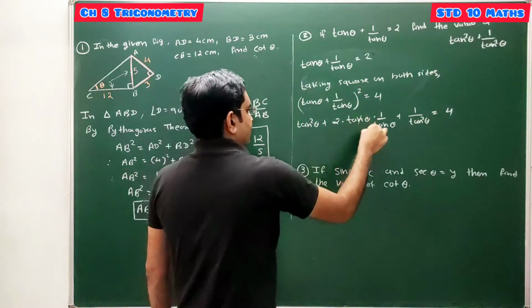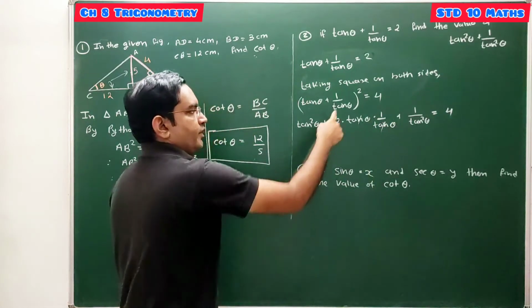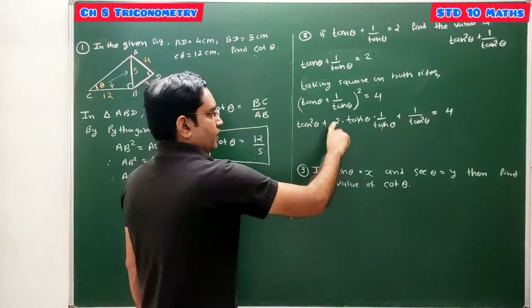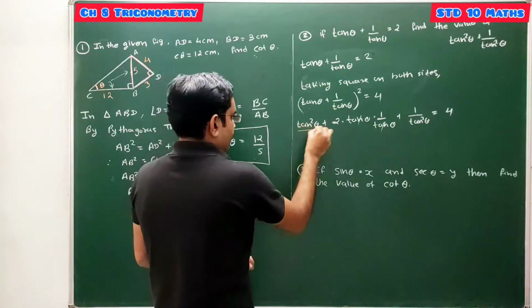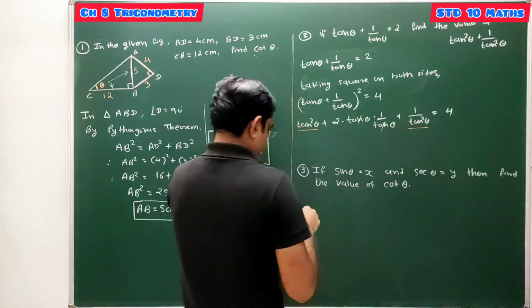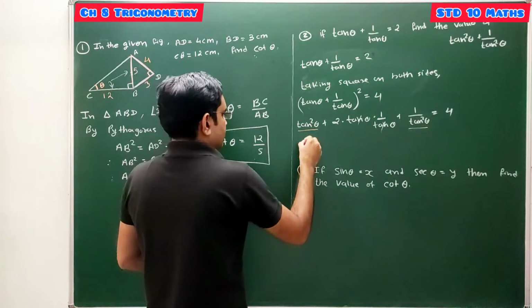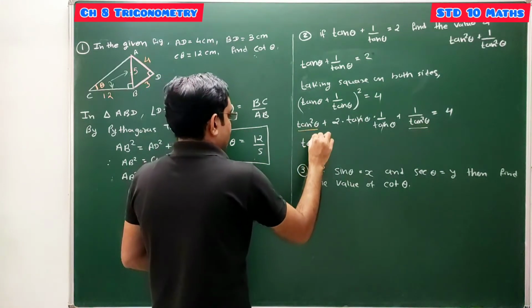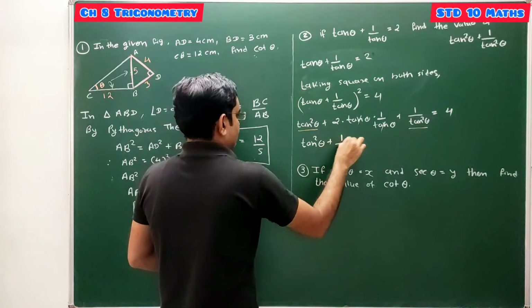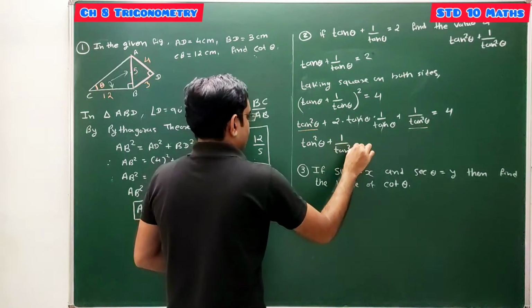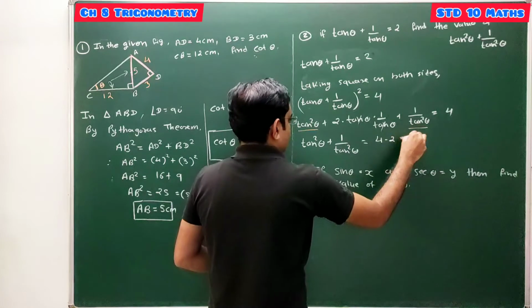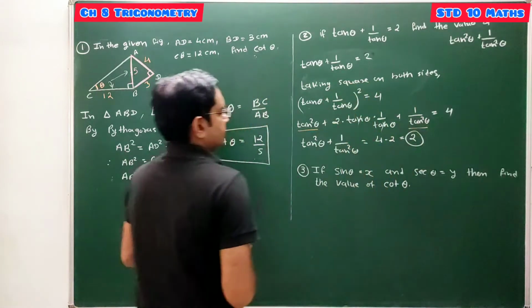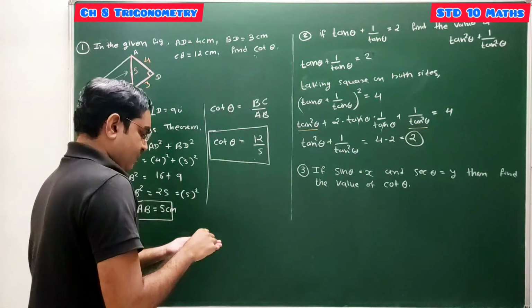So tan theta and tan theta will cancel, numerator upon denominator, and this 2 will go to the right hand side. So our remaining left hand side is tan square theta plus 1 upon tan square theta equal to 4 minus 2 equal to 2 is the answer. Very simple question.